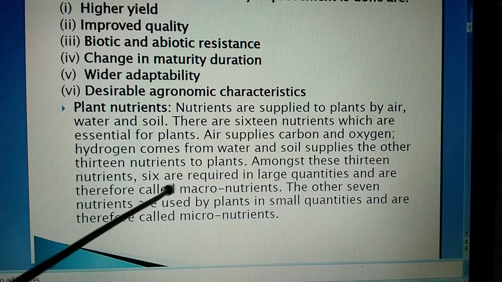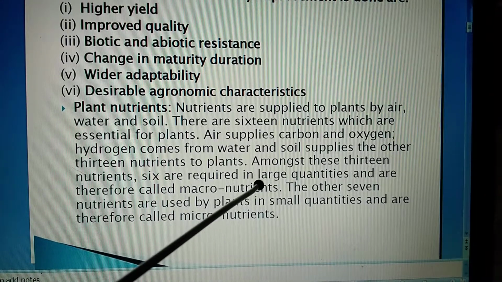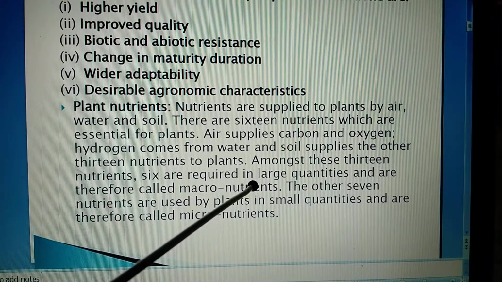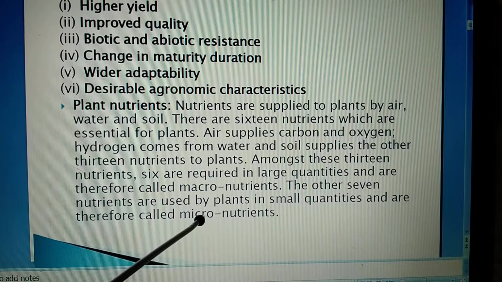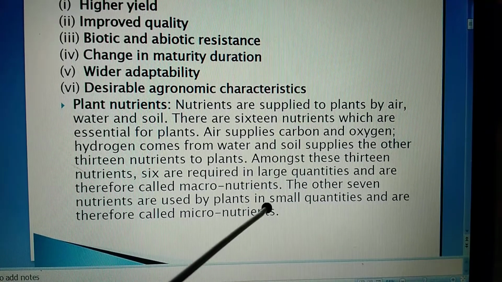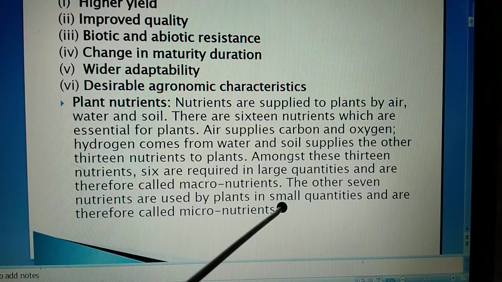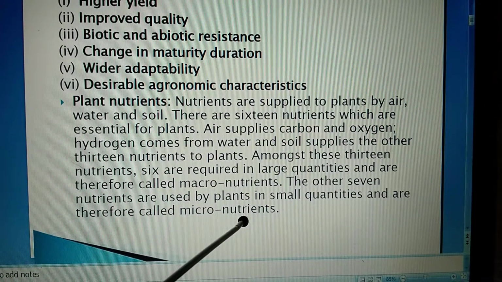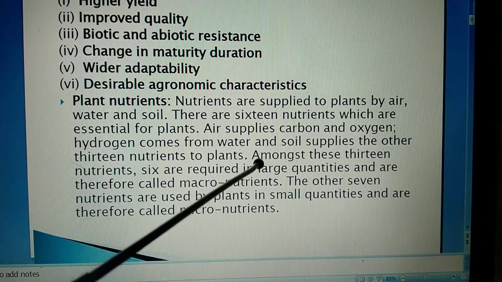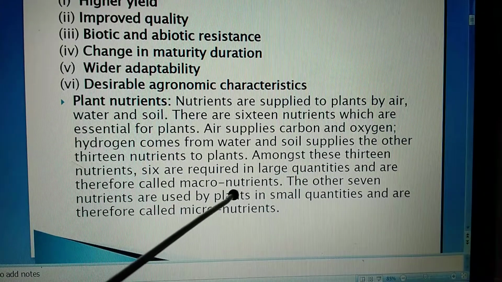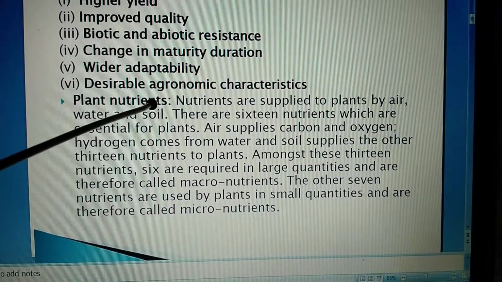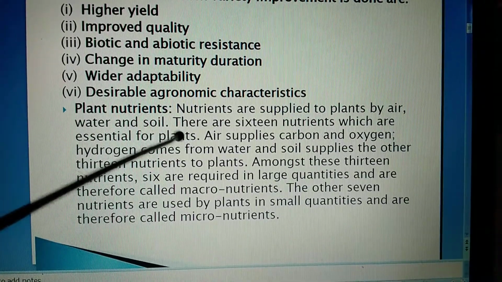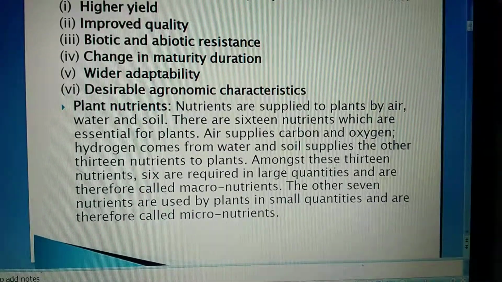Macronutrients are those nutrients that are required in large quantities by the plants, whereas the nutrients that are used by the plants in very small or minimal quantities are known as micronutrients. So the supply of macro and micronutrients leads to better growth of the crop, and thus helps in the better improvement of the crop.